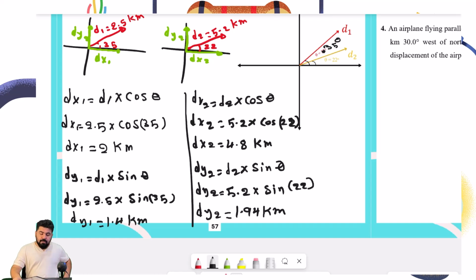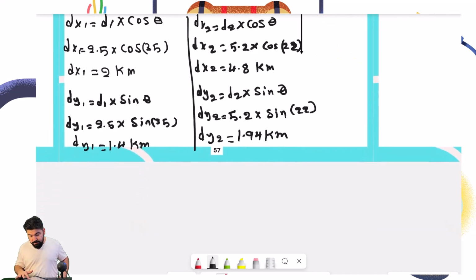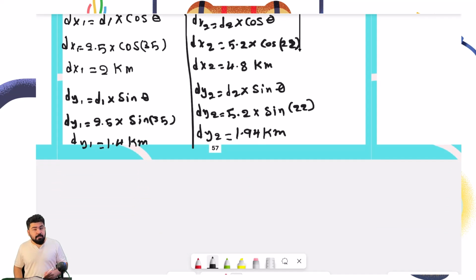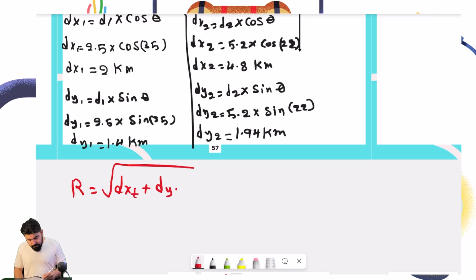Now guys, this is how we find the x component and the y component when we have two vectors, even if you have one vector. But when you finish, don't be so happy. Let's find the resultant vector. The resultant vector is equal to the square root of dx total squared plus dy total squared, but I don't have them.